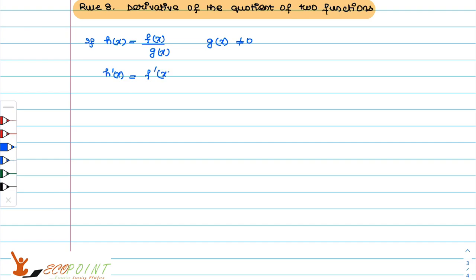Derivative of the numerator into denominator as it is, minus derivative of denominator into numerator as it is, whole upon denominator square.